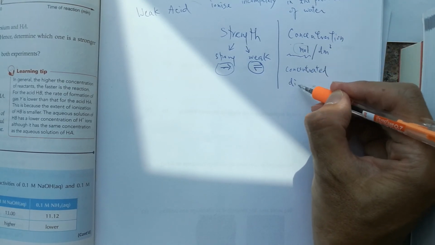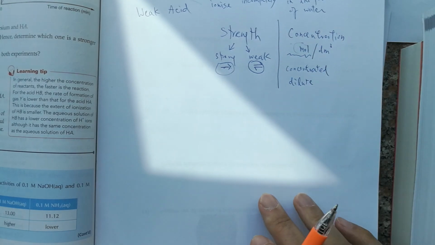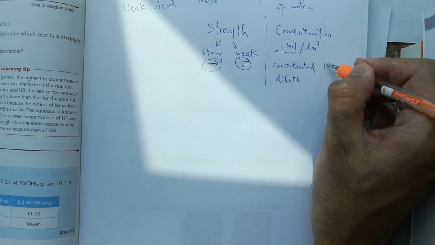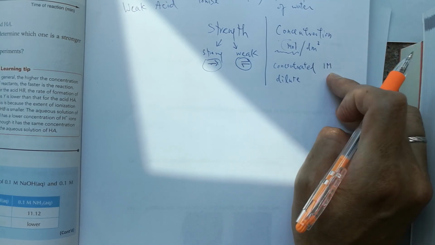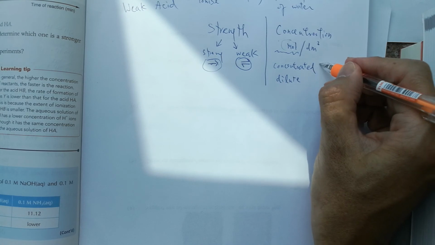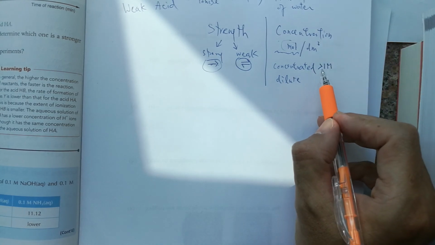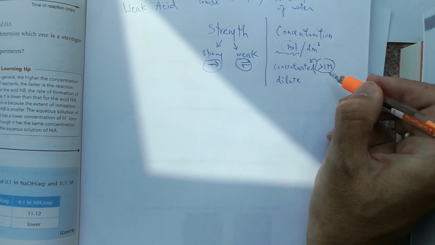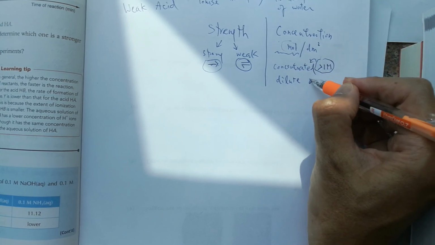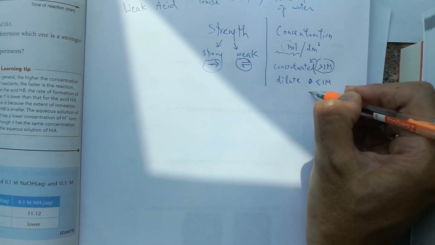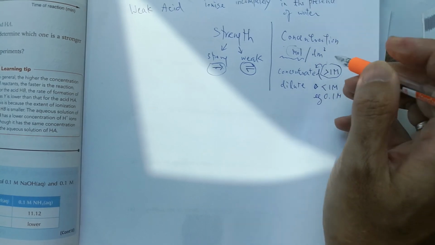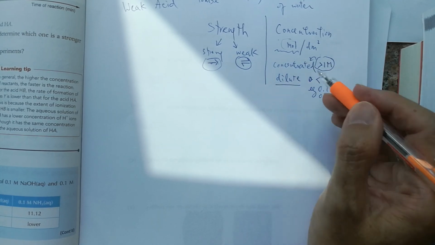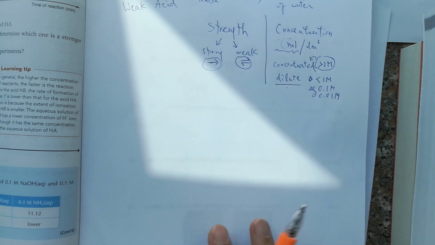Oppositely, it is a dilute solution. When the value of the concentration is higher than 1 M, you can call it concentrated. And less than 1 M, for example 0.1 M, 0.01 M, they are dilute solutions.